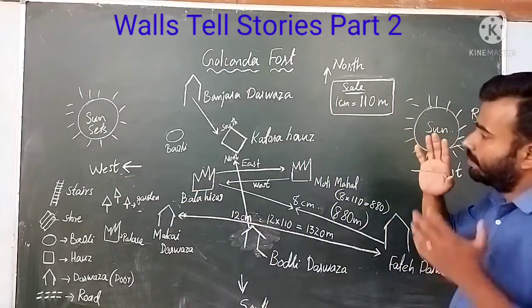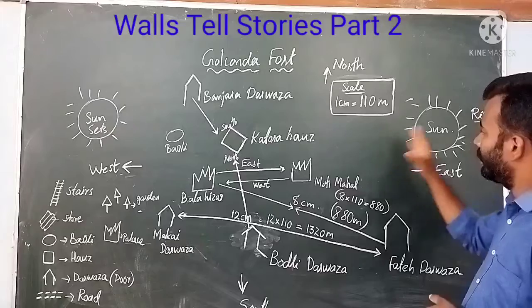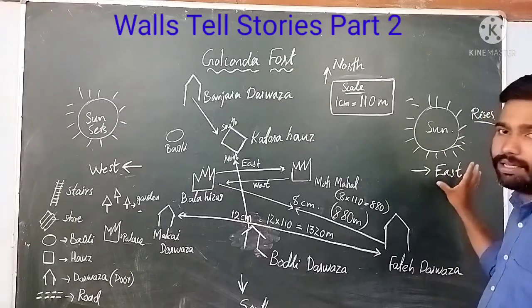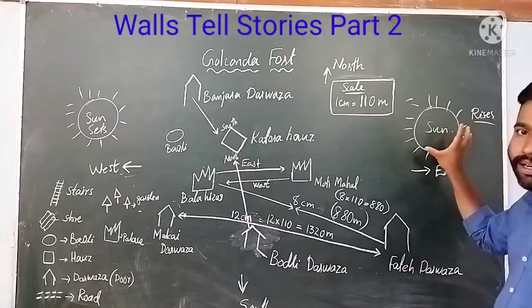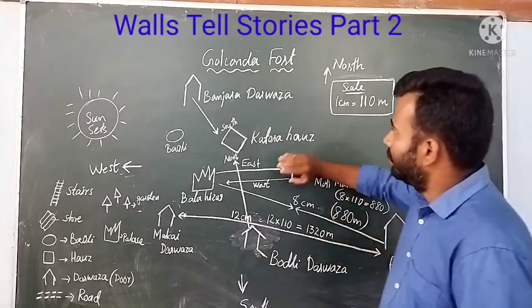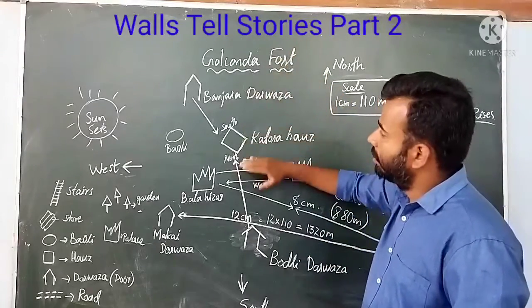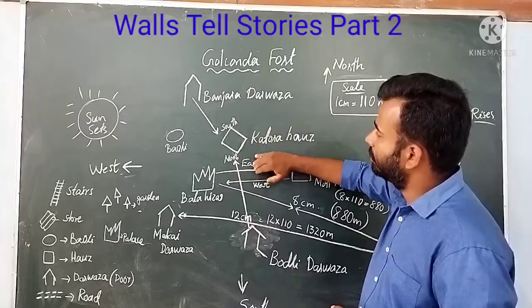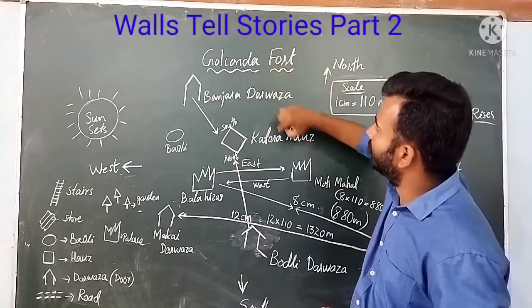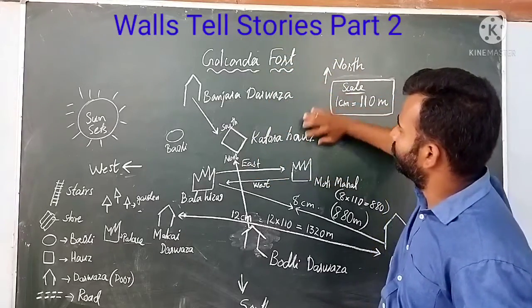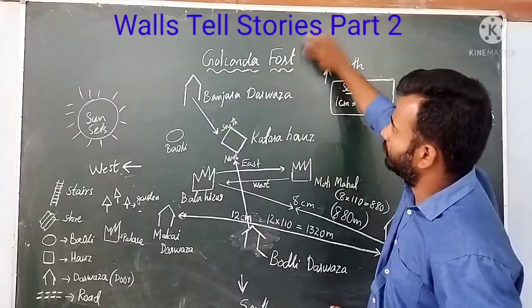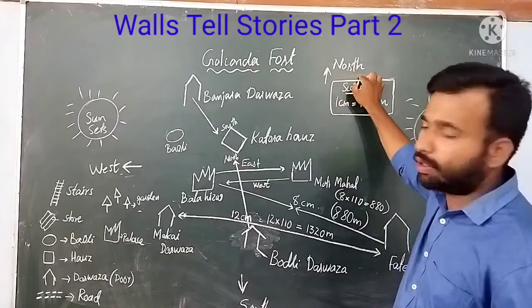And if you are facing a map, your right hand side will be marked as east, where the sun rises. And the upward portion, whatever you see in that direction, will be north.